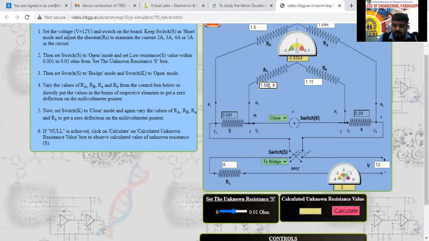Still it is there, 0.8. Now it is 0, 0, 0. Got 0 value. Yes, sir.